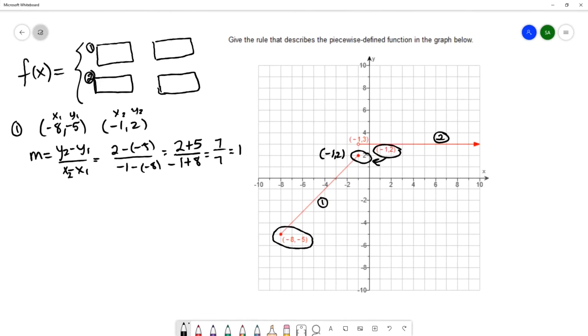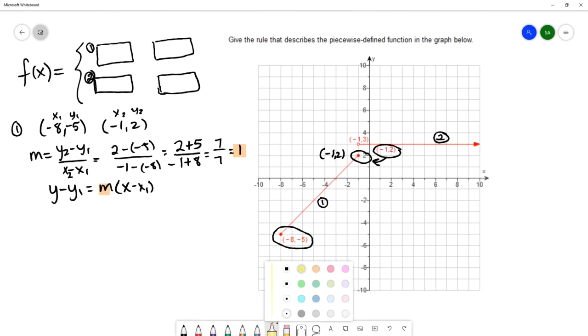And now I can find the equation of the line using point slope form. That's y minus y1 equals m times x minus x1. In order to use this form, I need the slope, which I've just calculated, and I need x1, y1, which is a point on the line, and you can use either of the points that we used earlier. In fact, you can use any point on the line. It doesn't even have to be the ones that we have here.